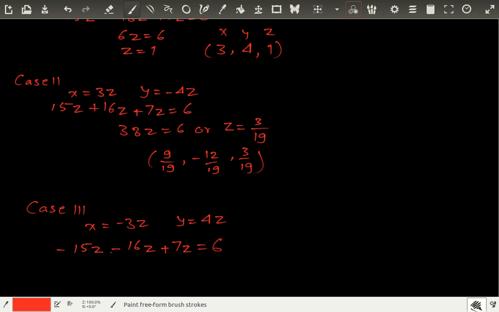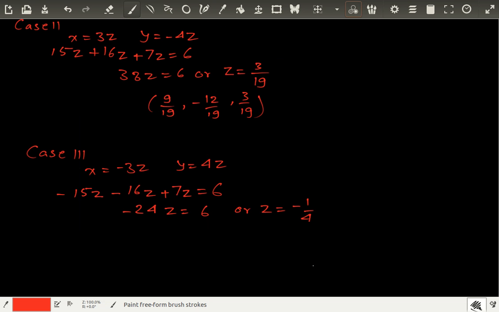So this is minus 31, minus 31 plus 7 is minus 24, minus 24z is equal to 6, or z is equal to minus 1 by 4.